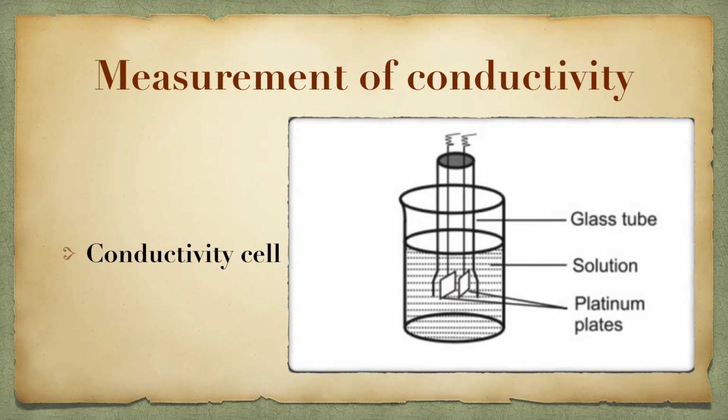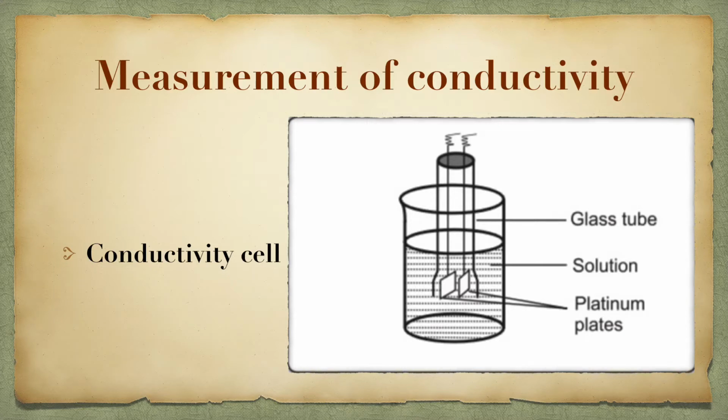To understand measurement of conductivity, first we have to understand two terms, that is conductivity cell and cell constant. In this diagram, you can see a conductivity cell. The conductivity cell consists of a glass tube in which two platinum plates are there, coated with a thin layer of finely divided platinum black.